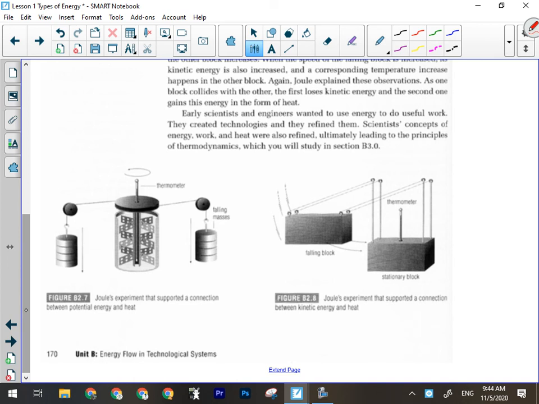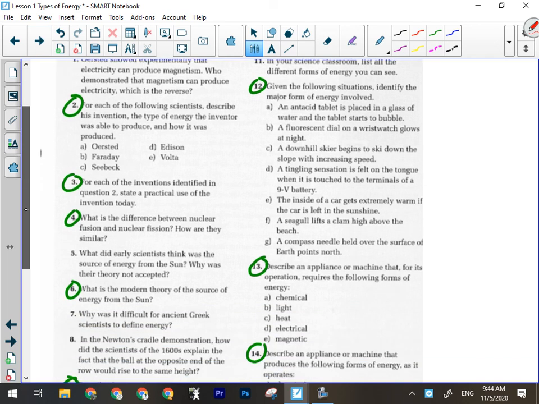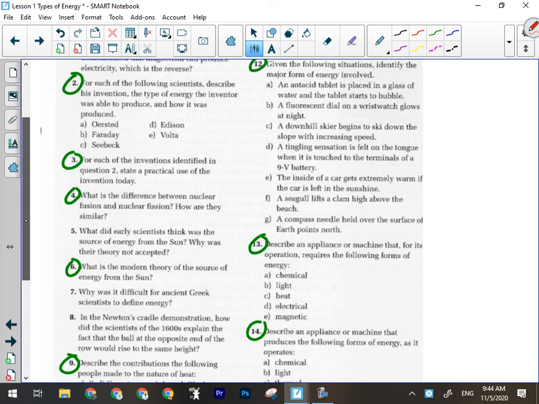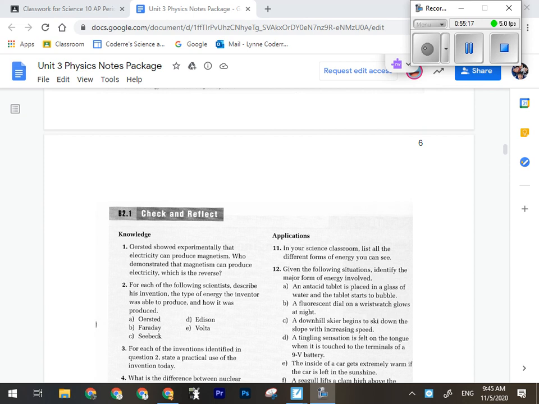Here's why. I would like you guys to answer the circled questions. Is this in the workbook, or is it in the notes package? The questions you're working on are on page 6 of the notes package for Unit 3.